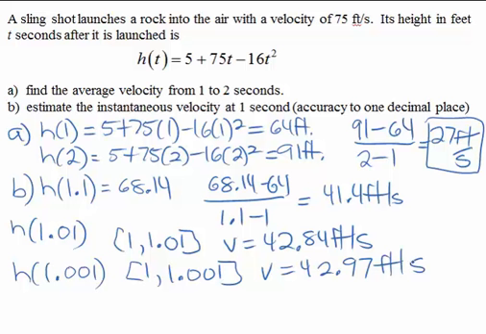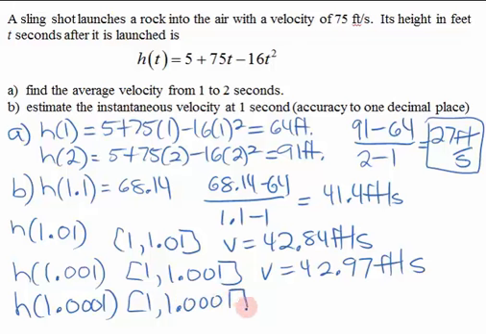Since I'm working on accuracy to 1 decimal place, and I see that in the tenths column I have changed in that step, I'm going to go ahead and compute another one, and I'm going to just do 1.0001. So on this interval from 1 to 1.0001, I'm going to take the function and put that in, 5 plus 75 times 1.0001 minus 16 times 1.0001 squared, and I get 64.00429984.